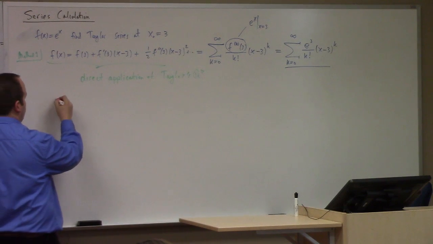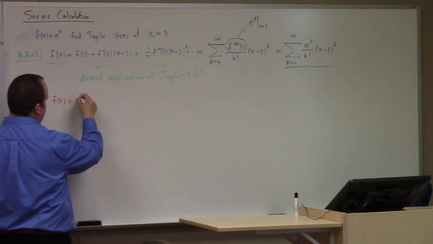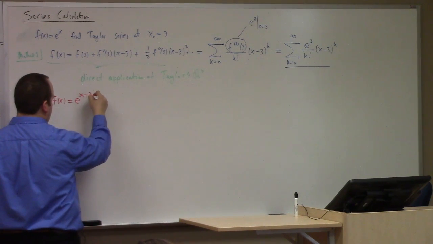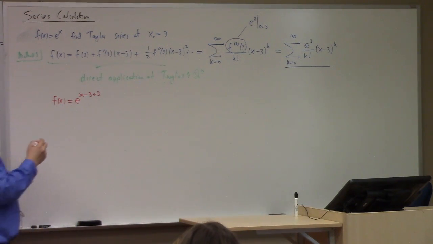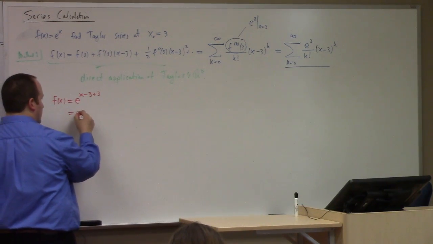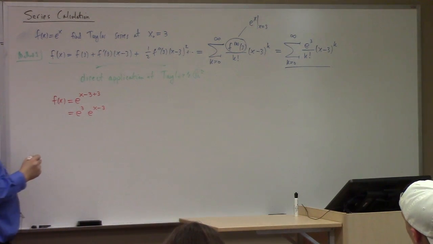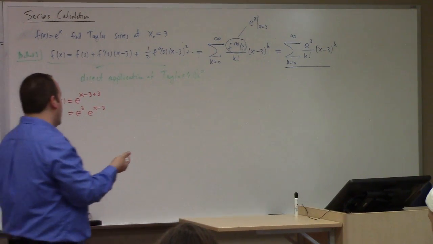How about this? If I do f of x is equal to e to the x, but instead of doing e to the x, I'll do e to the what? x minus 3 plus 3. That's just e to the 3 times e to the x minus 3, right? I already know the Maclaurin series for the exponential, right?